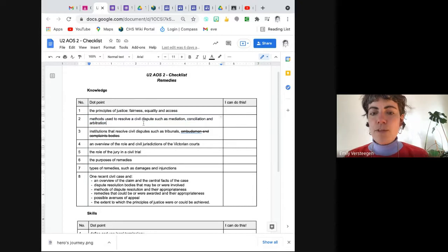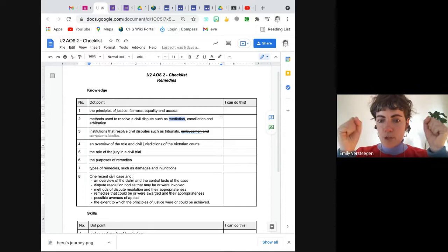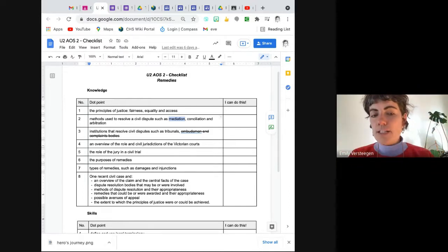The only methods that we really did a deep dive into were what's called alternative dispute resolution methods. Methods such as mediation, okay? That's where you have the two parties come to conduct a negotiation and the third party just facilitates. They do not suggest alternatives or solutions to the parties. They can't do that.